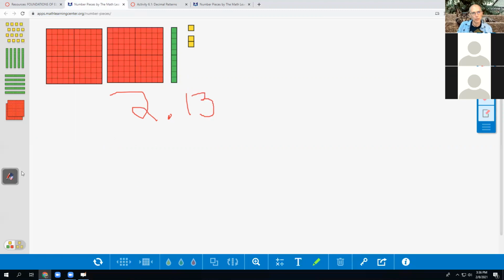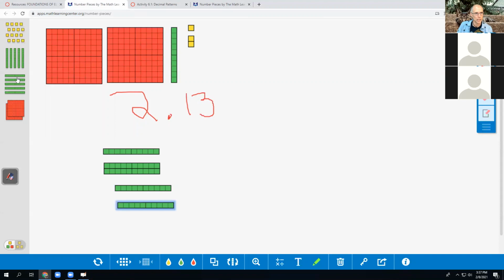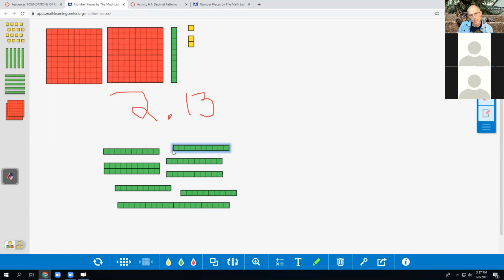The cool thing about this version is if you get a whole bunch of these together, so let's get 1, 2, 3, 4, 5, 6, 7, 8, 9, 10. If I have 10 tenths, which is what I'm interpreting these as right now, what can I trade them in for?